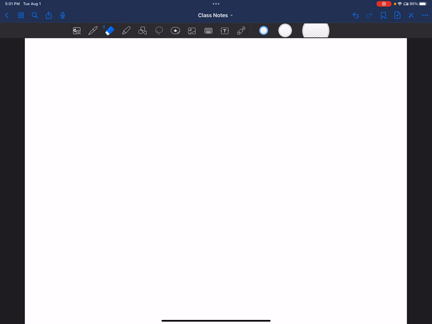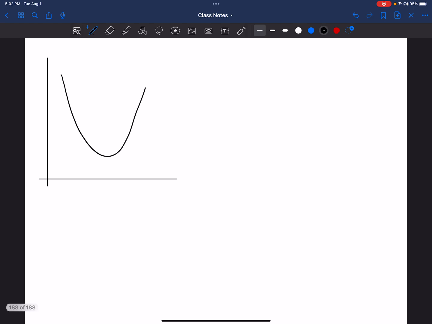For the second derivative test, we look at a function that concaves up, f of x against x. Now we're going to look at f prime of x, which is the tangent to the curve at different places.